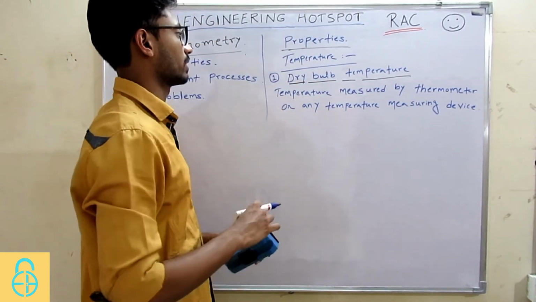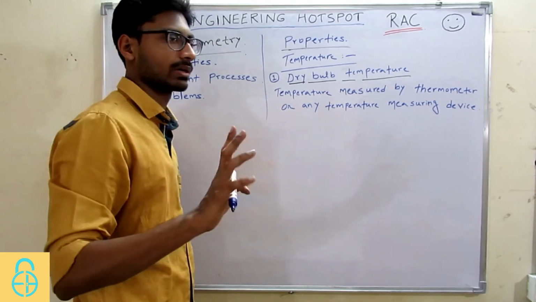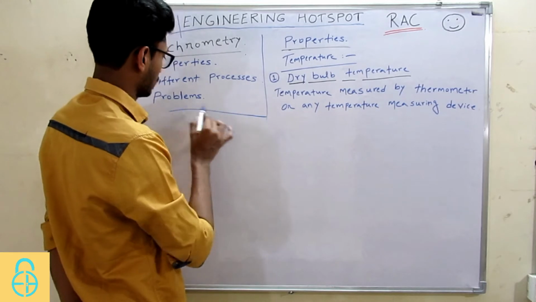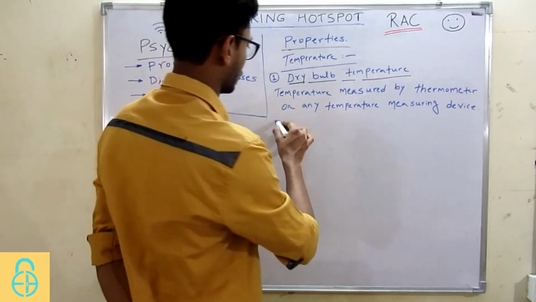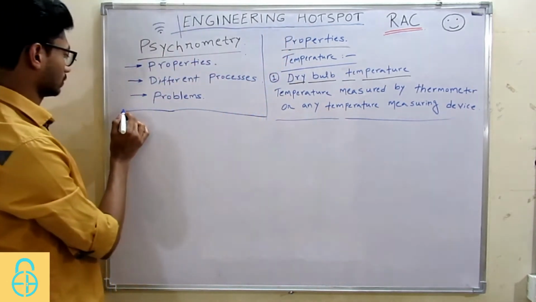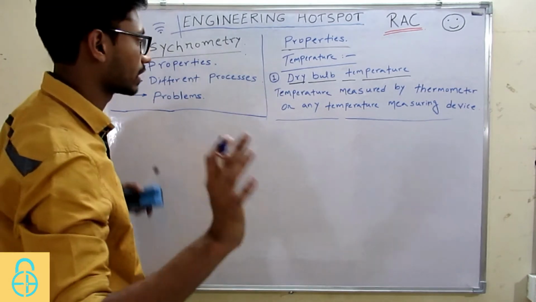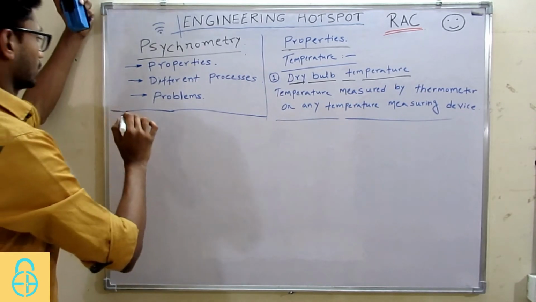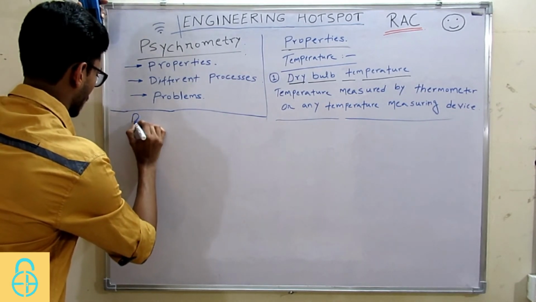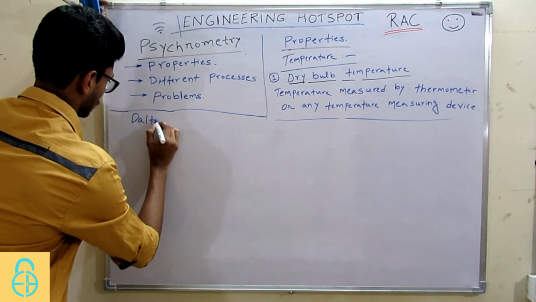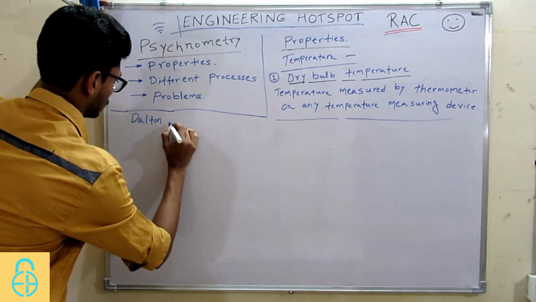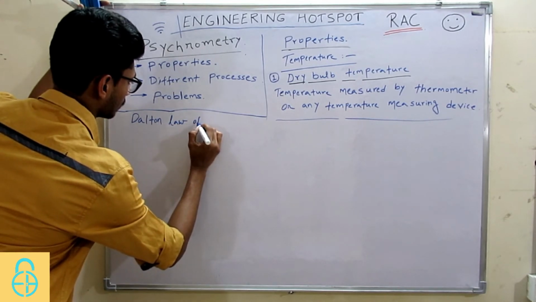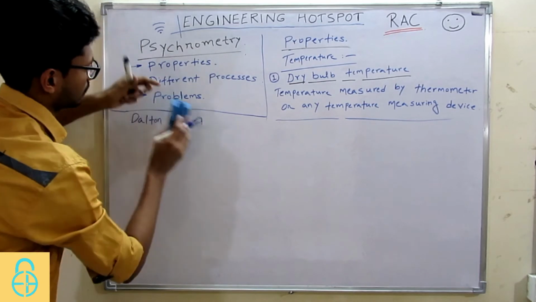This is one type of temperature. There are two more temperatures, but first we need to know some basics. After completing those basics, we will discuss those two types of temperature. So let us first discuss Dalton's law for an ideal gas mixture.